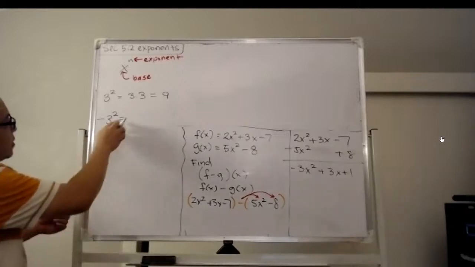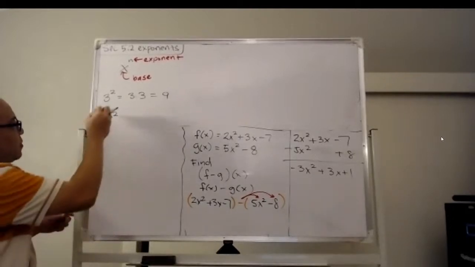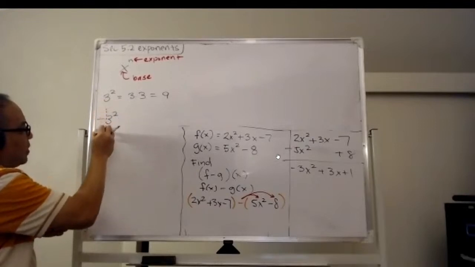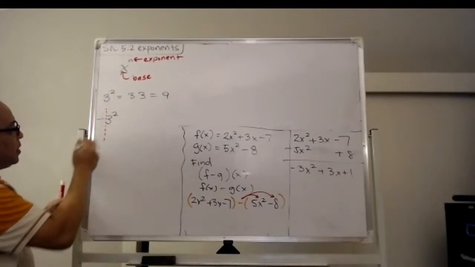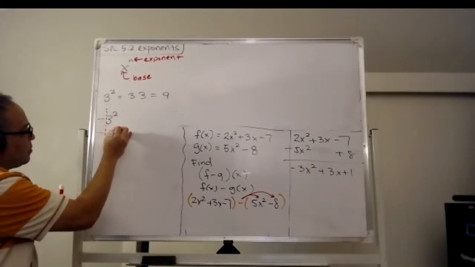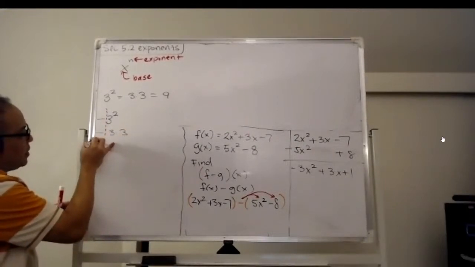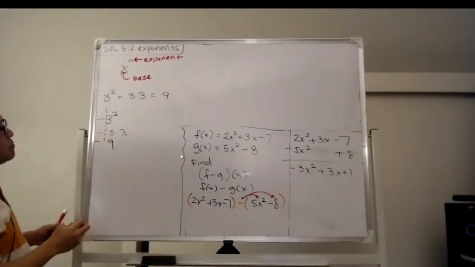Okay. Probably about 2/3 of you will remember that the negative is not connected to the 3. So I get negative 3 times 3 is equal to negative 9.